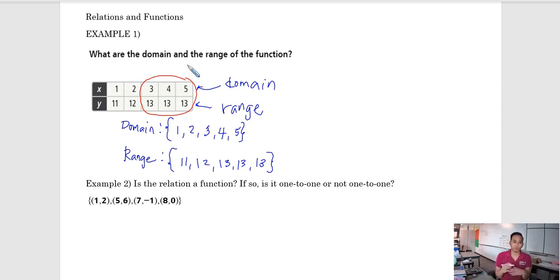And for us to easily identify functions, we call this one a one-to-one relation, meaning the value of x is partnered to just only one value of y, then this is a function.